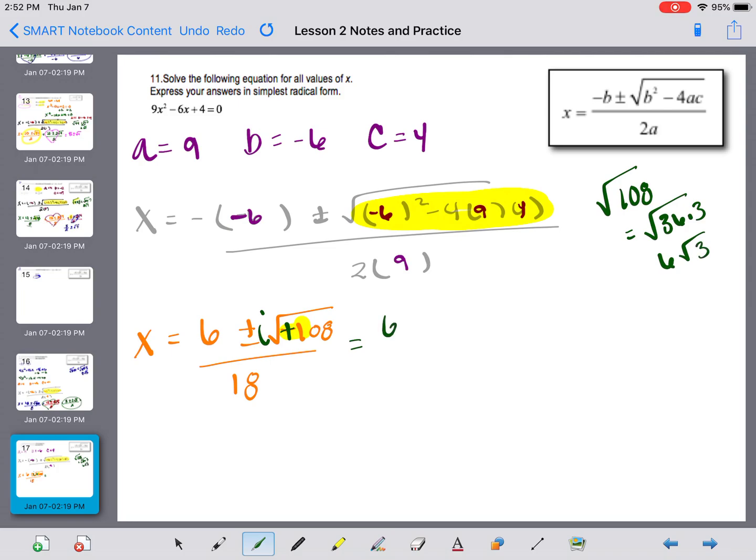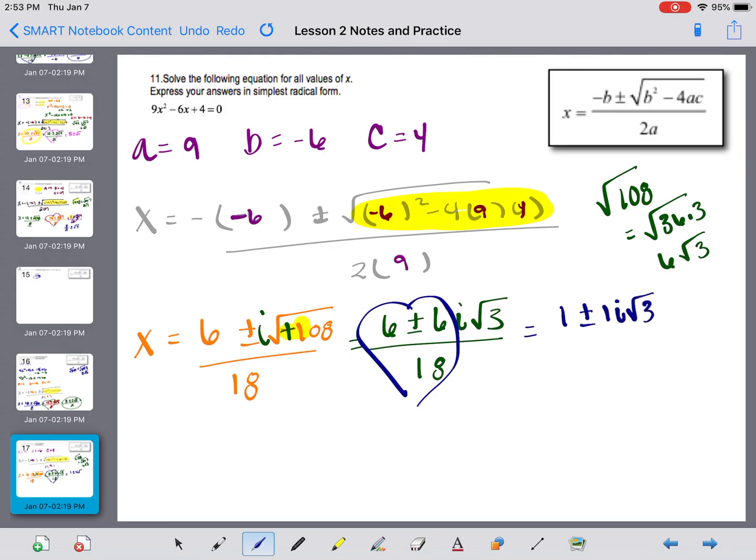So it's going to become 6 plus or minus 6i radical 3 all over 18. Check and see, do we have a common factor? And we do. The largest number that can go into all 3 is 6. So this becomes 1 plus or minus 1i radical 3 all over 3. And there you go.